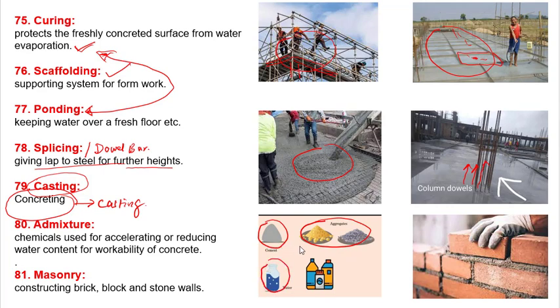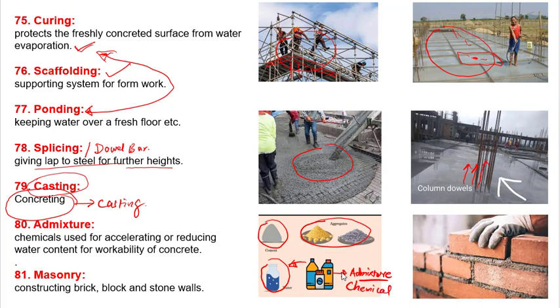But if you add a 4th item into it, either to accelerate, reduce the water content, or improve the workability of concrete, then this 4th ingredient is called an admixture. It is a sort of chemical.